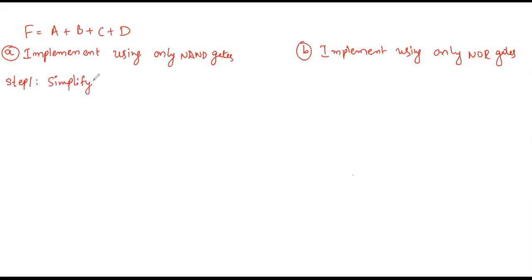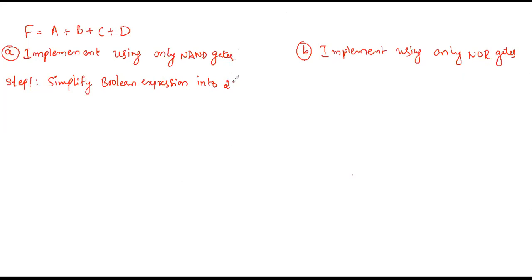Two variables you can implement with a two input AND gate or a two input OR gate.